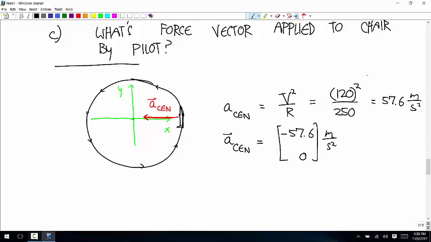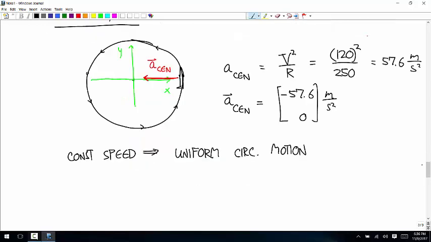All right, so this is constant speed. And so this is uniform circular motion. And so that tells us that there's no tangential acceleration, what we used to call the parallel part of the acceleration.